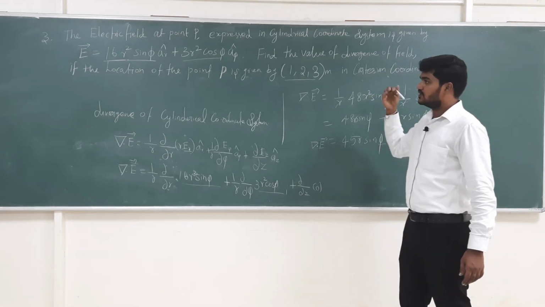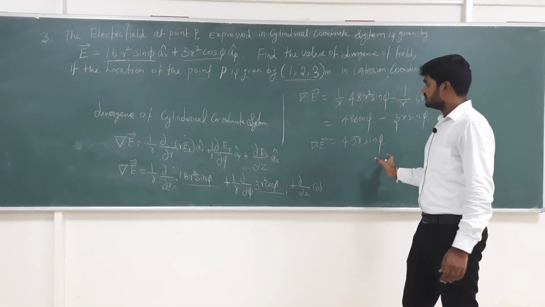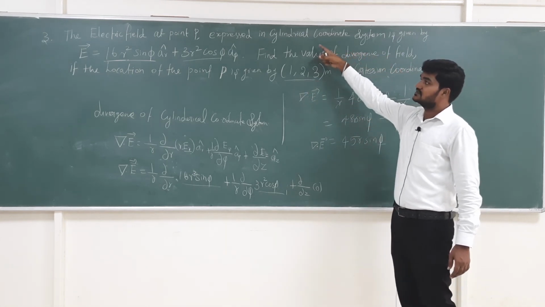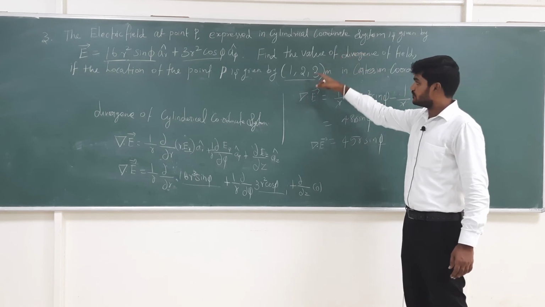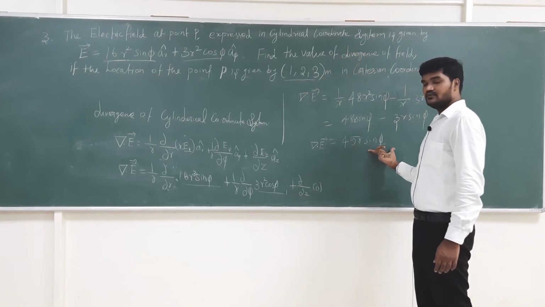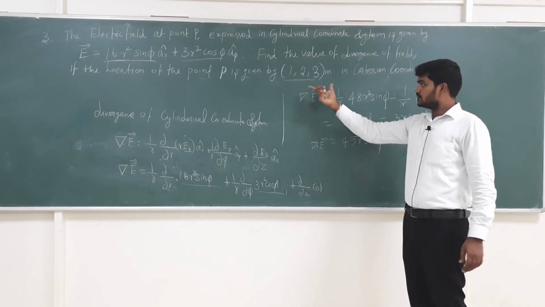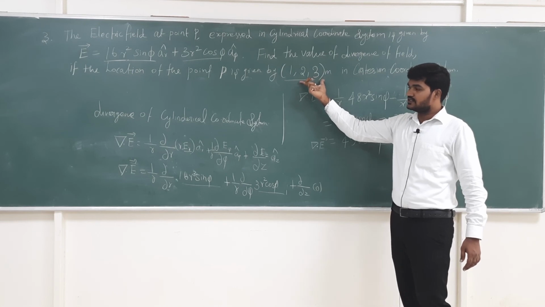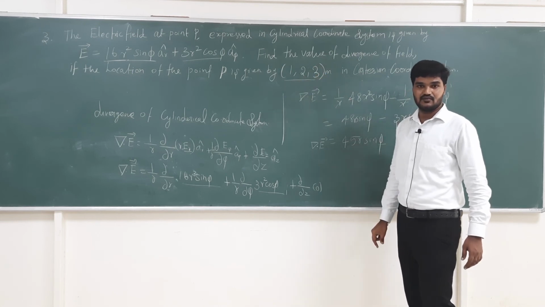Okay, but in this problem they are asking the value of divergence at this point. Here the system is in cylindrical coordinate system, but the point is given in Cartesian coordinate system. So I have to convert this point to cylindrical coordinates.